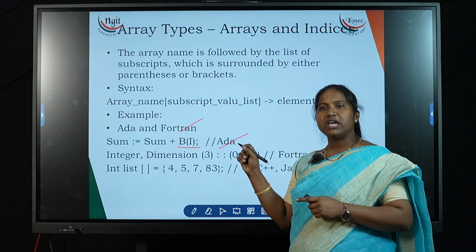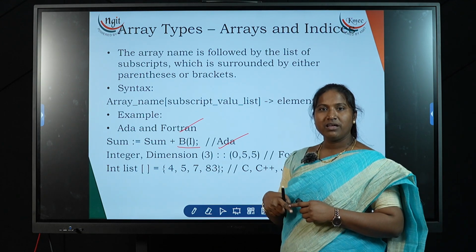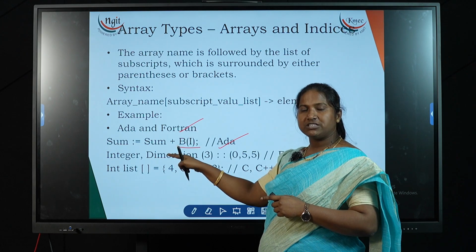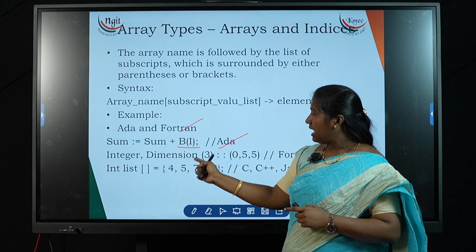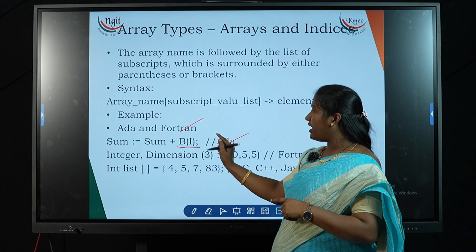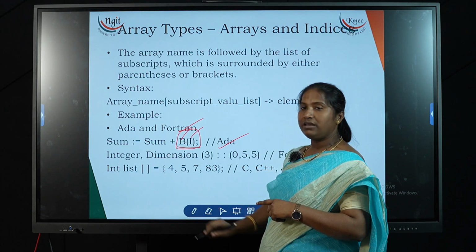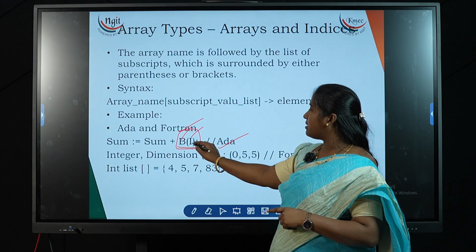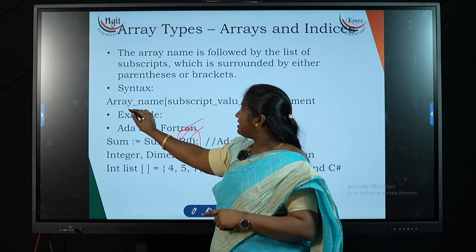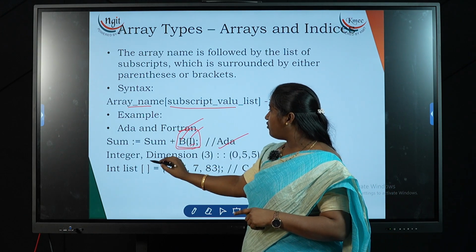When you use the same notation in other programming languages, it seems to be a function, correct? In C-based languages, it reflects a function with a parameter. But in Ada and Fortran, B of I is an array with one index. Now you can see the other syntax: array name, subscript value list, element, and Ada and Fortran use this.